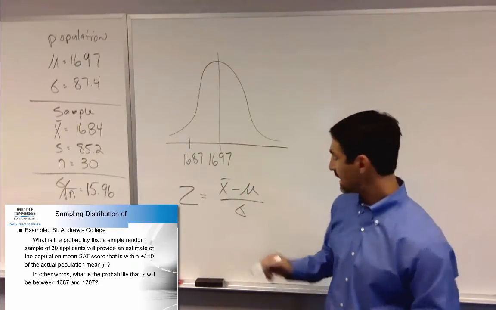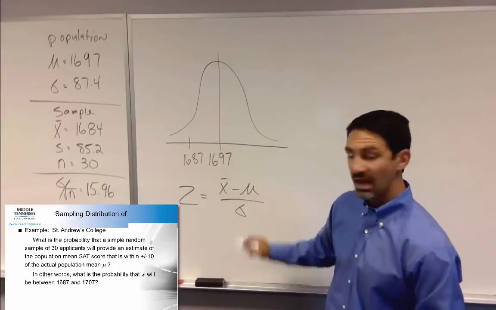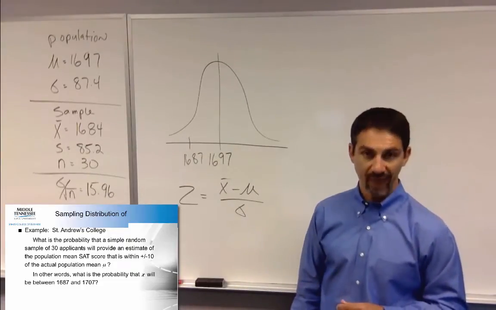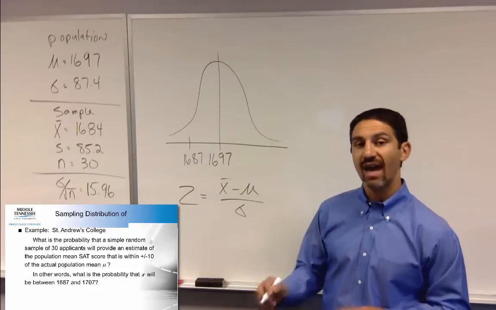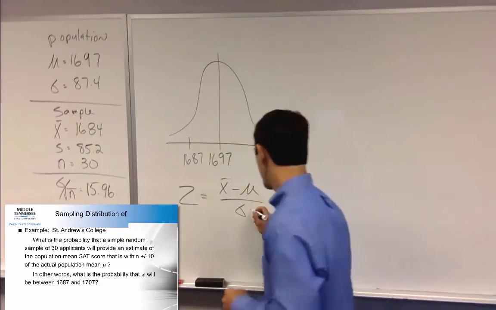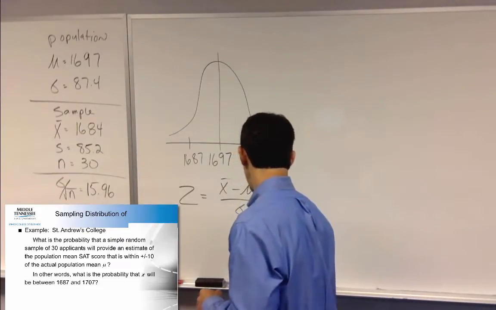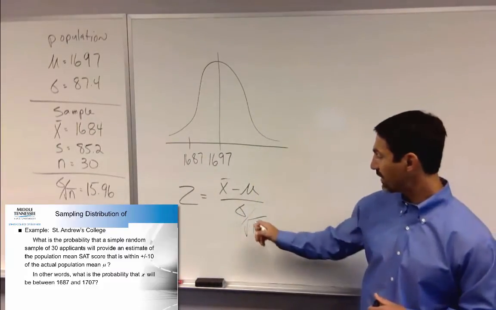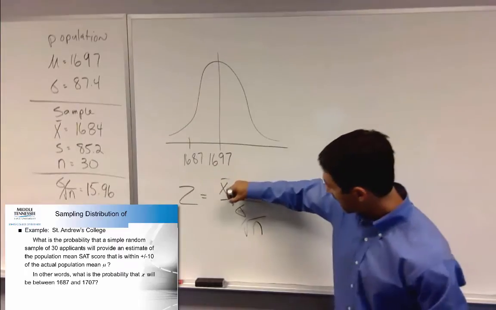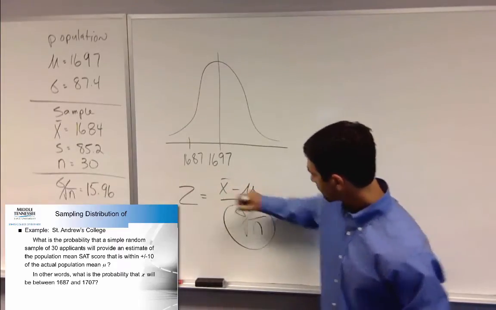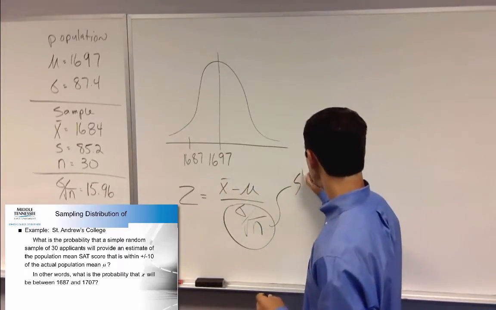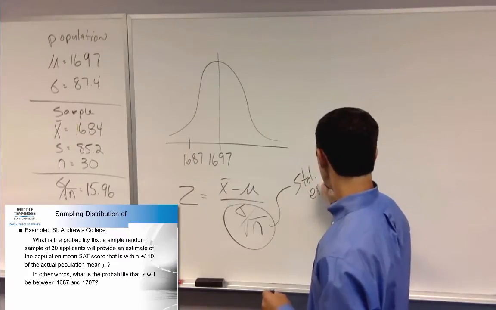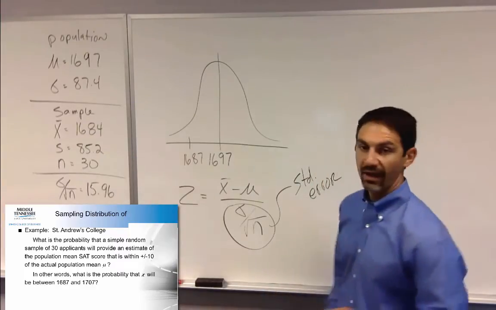The other thing is, instead of dividing just by standard deviation, we are going to divide by the standard deviation divided by the square root of n. Okay, so the standard deviation over the square root of n, when you look at this here, is something called standard error.